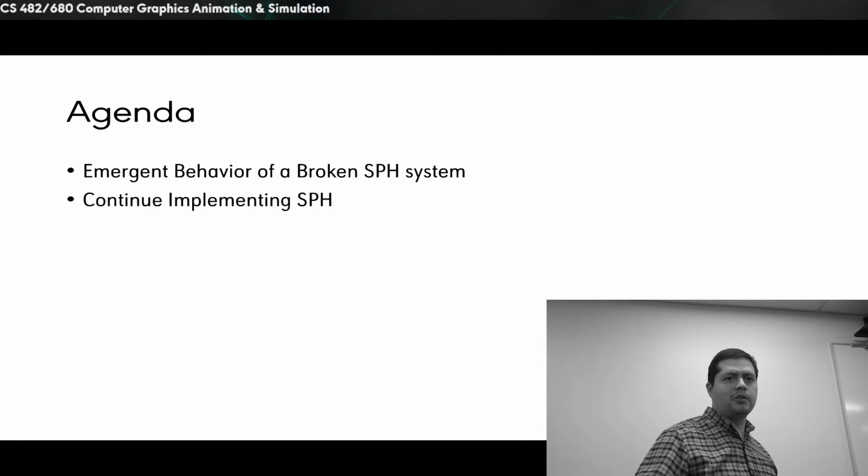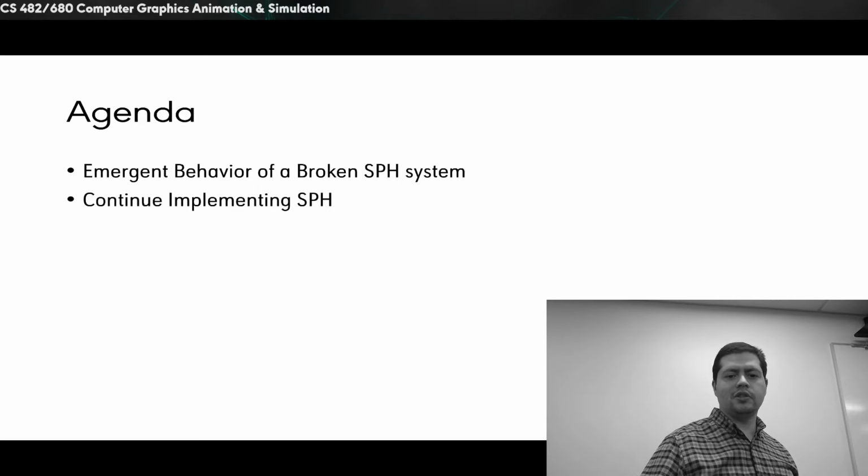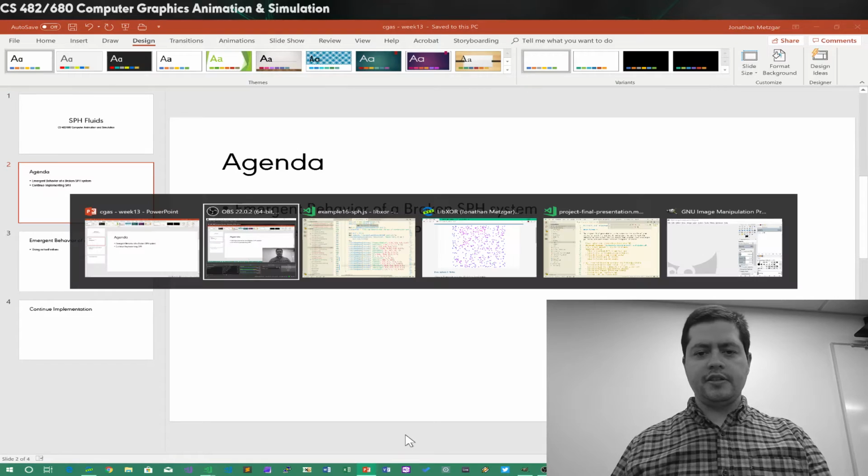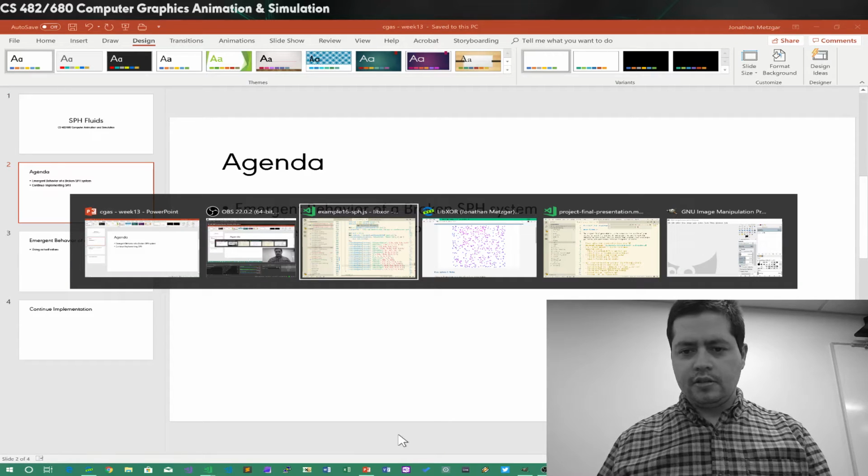Now, does anybody remember where we left off last time as far as implementation goes for SPH? Yeah, we were talking about the density.